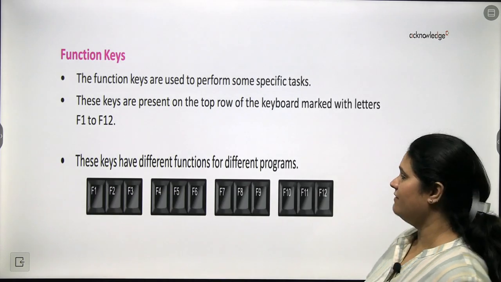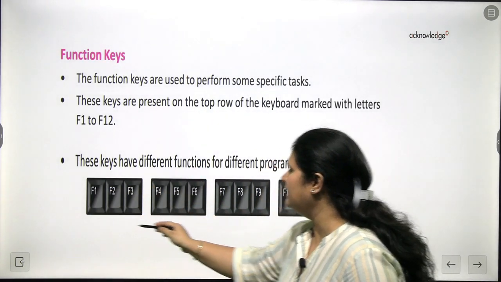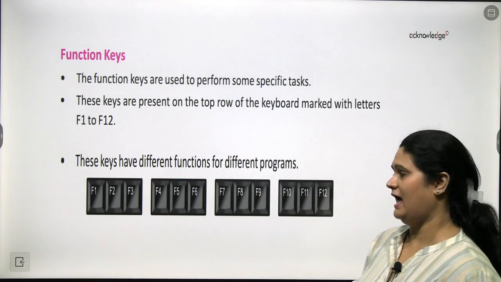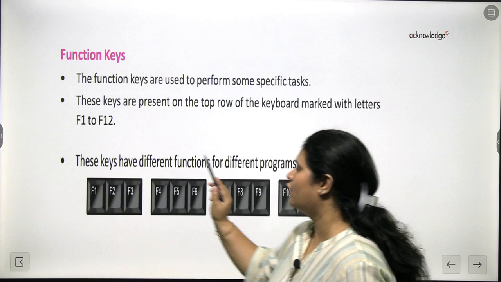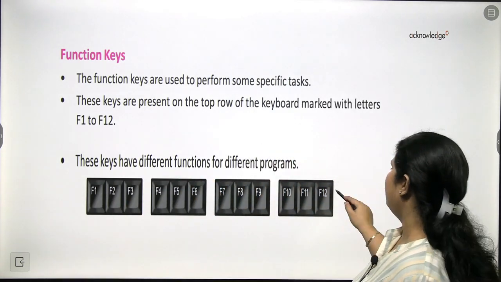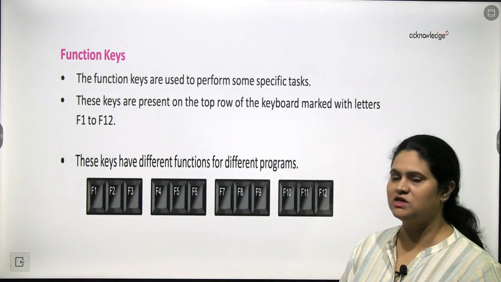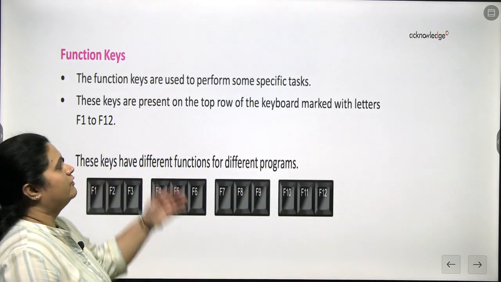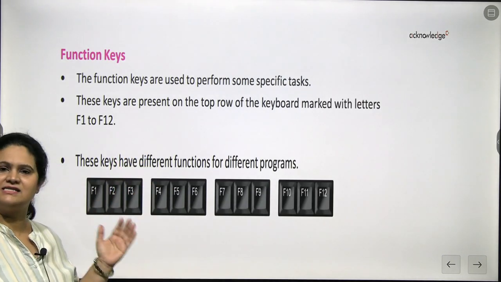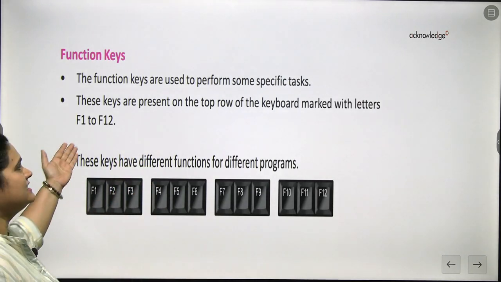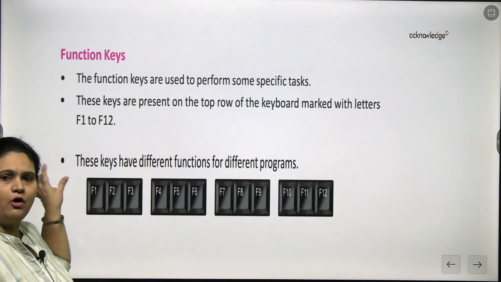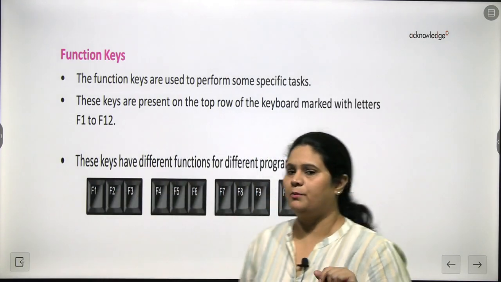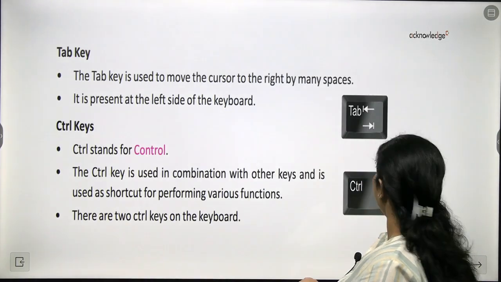Now, we have some function keys. Right at the top of your keyboard, we have 12 function keys from F1 to F12. Right? And what are these function keys used for? These are used to perform some specific tasks. Okay? These keys are present on the top row of the keyboard. These are present at the very top of the keyboard. Do you want to see?